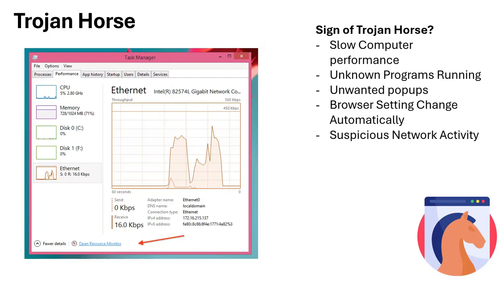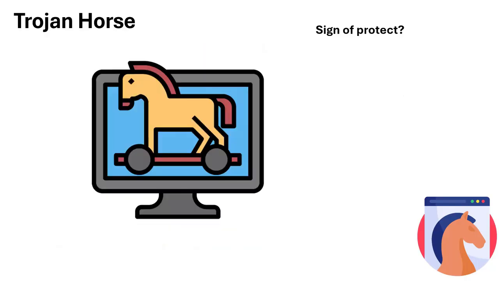Sometimes there are peaks in the Ethernet or CPU processing. So always monitor that. If there are peaks, random data forwarded or received, or random CPU overusage, it means there is something suspicious. So always monitor that.